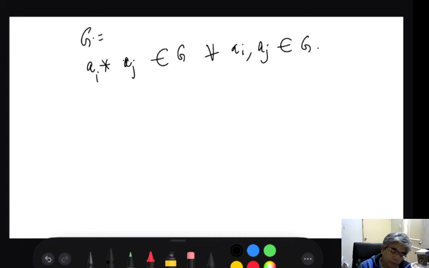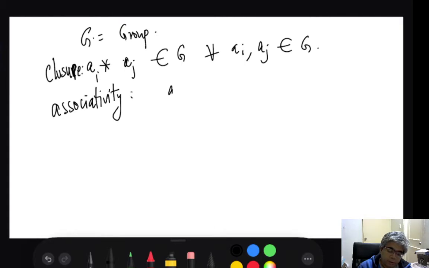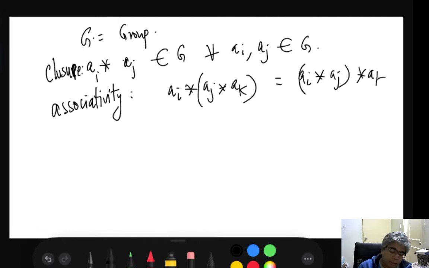If you have closure satisfied, then associativity, which, as you know, is (A_i star A_j) star A_k equal to A_i star (A_j star A_k). If this is satisfied, then there is also identity.